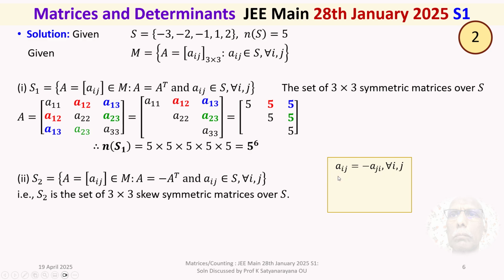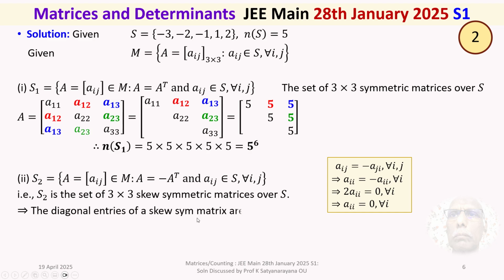So put i is equal to j. So Aii will be equal to minus Aii for all i. This will imply 2Aii is equal to 0 for all i. This will imply Aii is equal to 0 for all i. That means all the diagonal entries of a skew-symmetric matrix are 0.